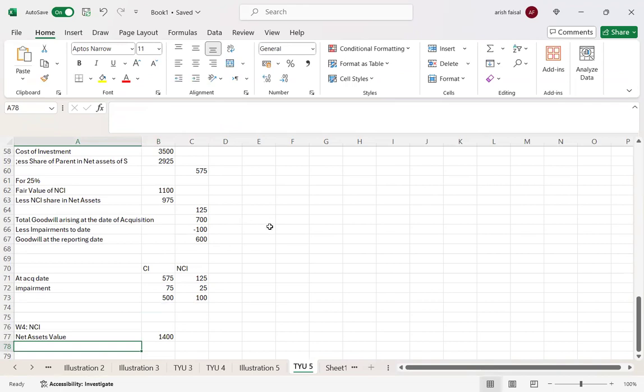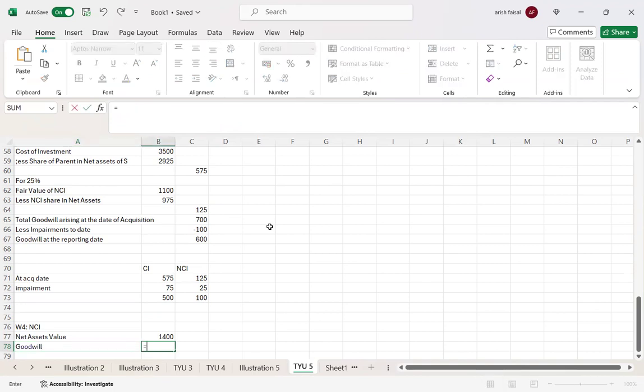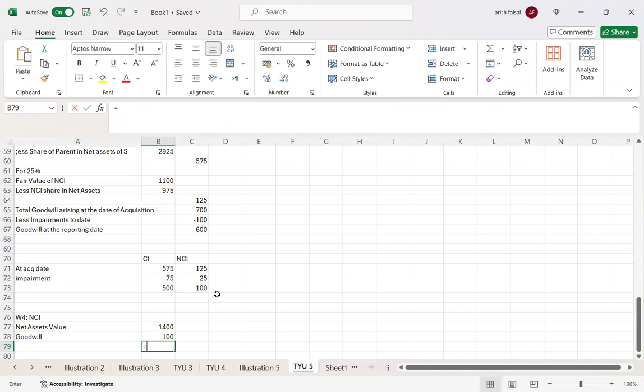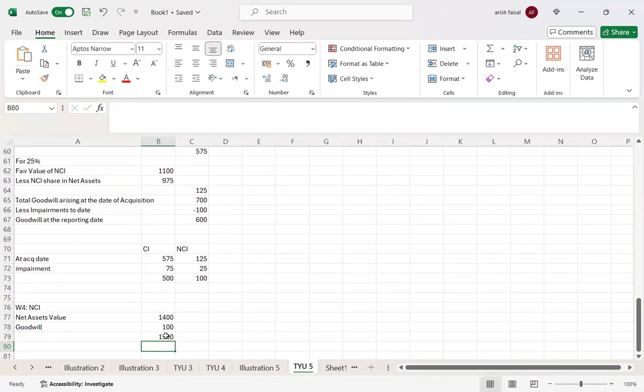So the value from the net assets is 1,400, and then the goodwill you just calculated above after the impairment, which is 100. So the total value of NCI will be 1,500, 1,400 made up of net assets, and the other 100 made up of the goodwill. So that gives you 1,500 basically. Okay.